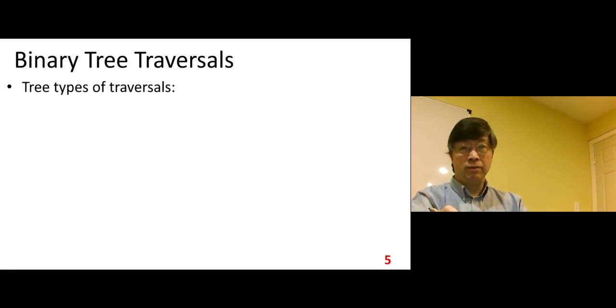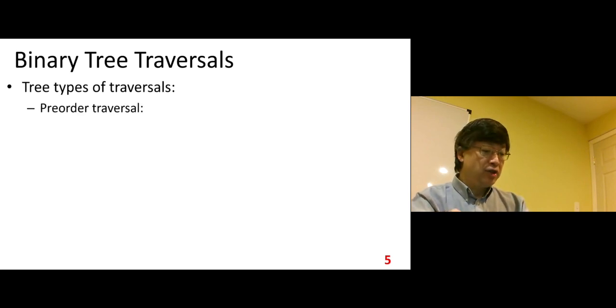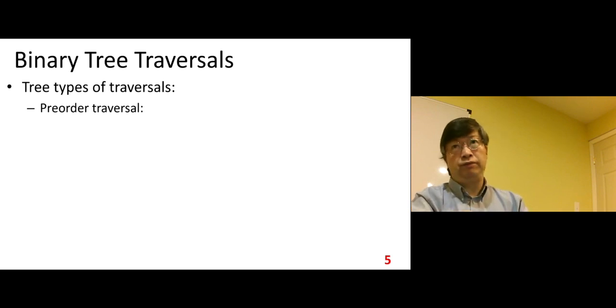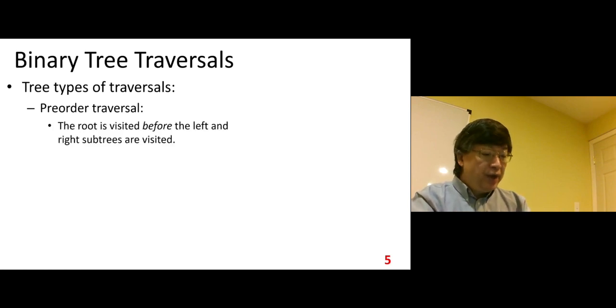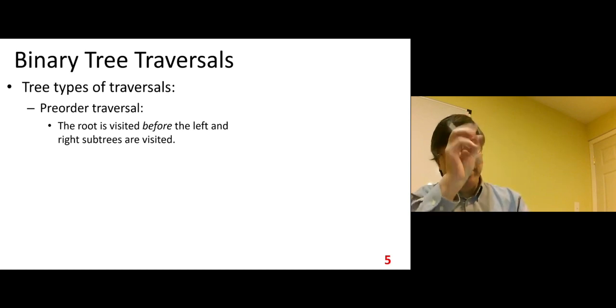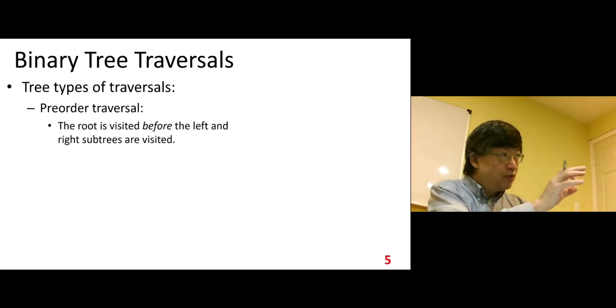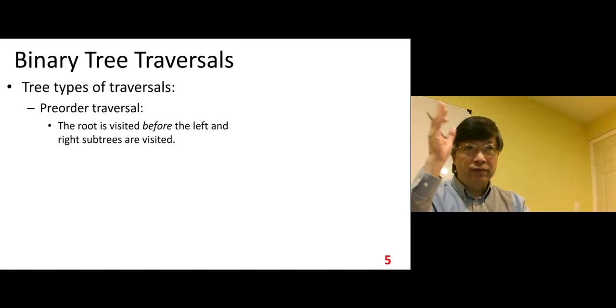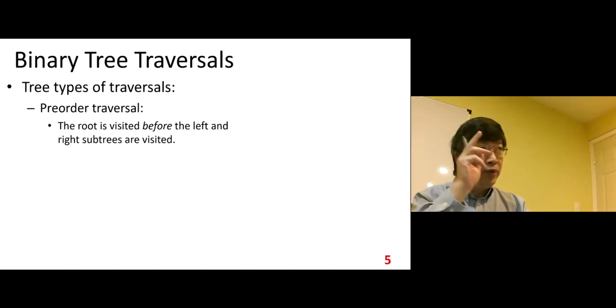Three types of traversals. First, pre-order traversal. The root is visited before the left and the right subtrees are visited. So we visit the root first, then the left subtree, then the right subtree. In that order, we call it pre-order.